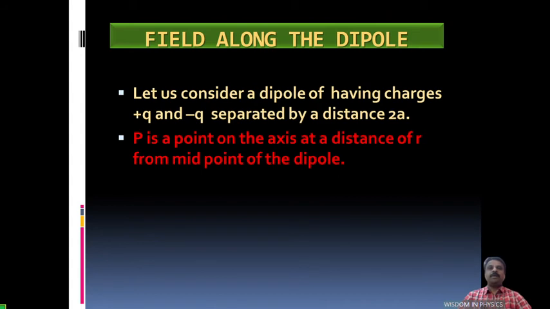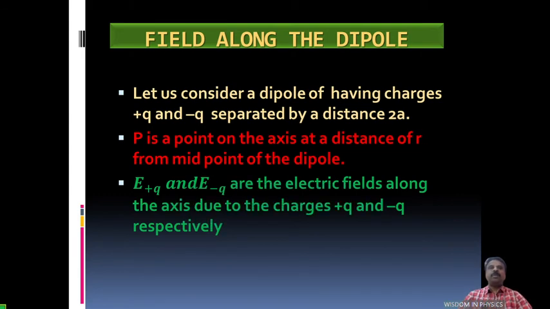P is a point on the axis at a distance r from the midpoint of the dipole. Now we have two electric fields. One is due to the positive charge and the other is due to the negative charge. They may be E plus Q and E minus Q, the electric fields due to plus Q and minus Q respectively.